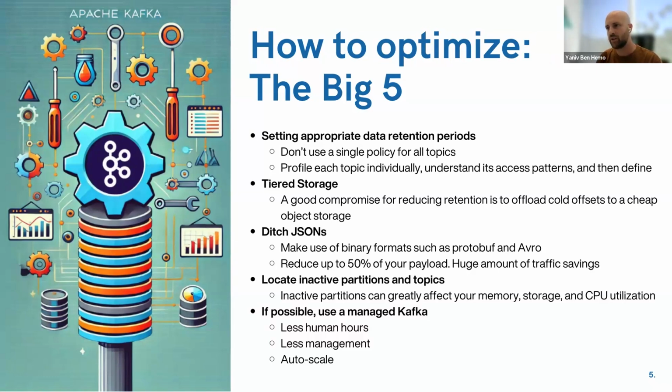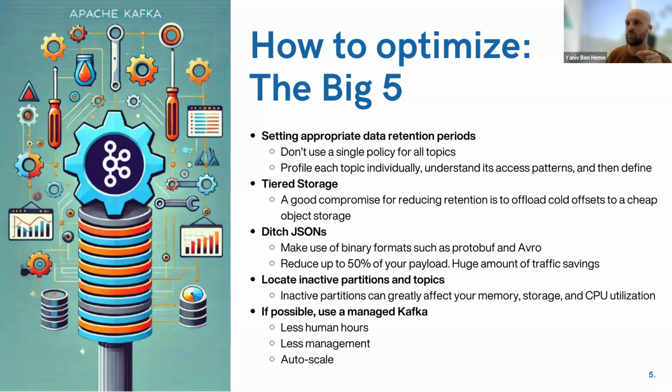So setting appropriate data retention periods, usually what we see is that engineers put a single policy for all topics, like 7 days, all the topics 7 days, all the topics 3 days, something like that, even though producers and consumers pretty much read the data as it flows into the topic. And then we might have a mirror maker that replicates the data. So we want to make sure that we don't lose any data because of the retention policy.